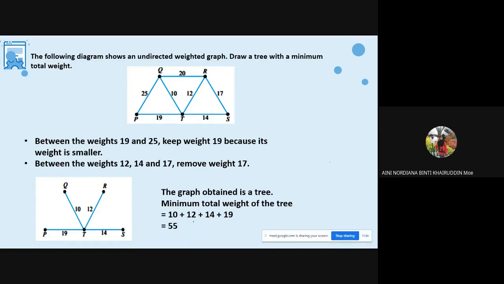So 10 plus 12 plus 14 plus 19, 55. So ini adalah yang paling minimum. Sebenarnya ada banyak cara you nak lukis tree kan. You boleh buat macam ni. Tapi bila you tambah nanti dia dah jadi lebih daripada 55.